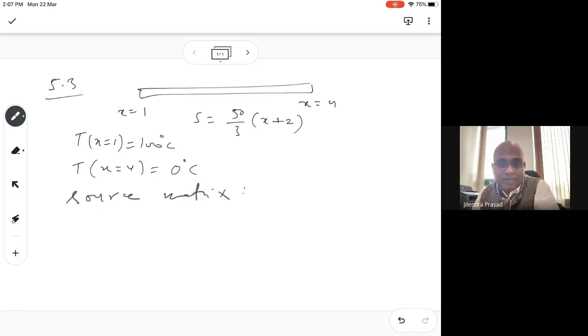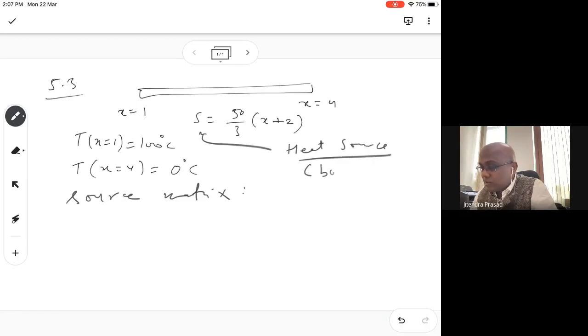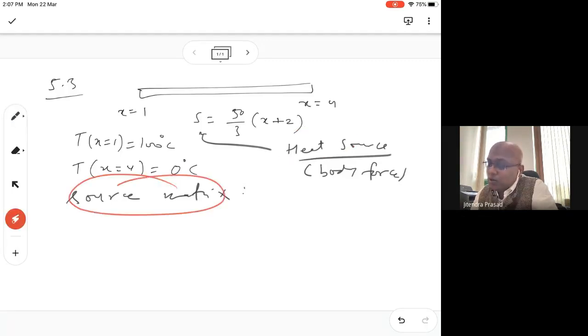Source matrix is basically, this is the S for source. So heat source, this is source. So it is like body force. In case of a structure, it will be a body force. In case of a heat conduction problem, this is a source matrix or body force matrix or body force vector.